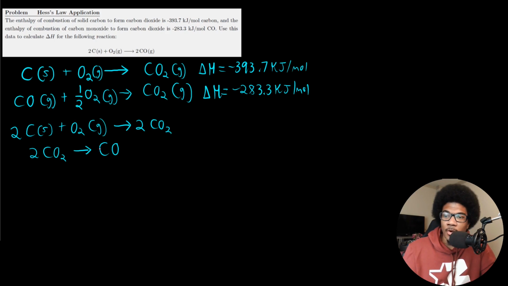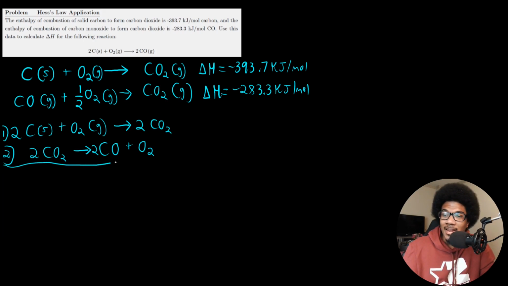Right, so that's going to form carbon monoxide plus O2. Right, so considering this as a two-step process, so this is step one, this is step two. The reason why it's convenient for us to envision this as this two-step process is that we already have the enthalpies that we need in order to solve this problem.